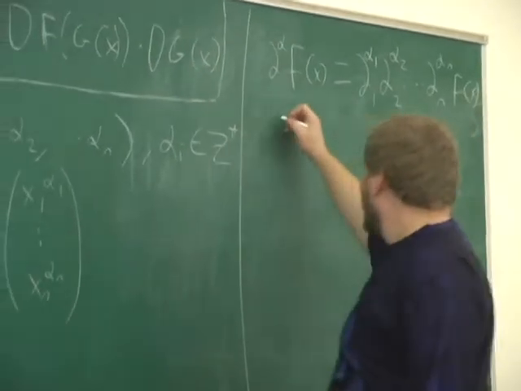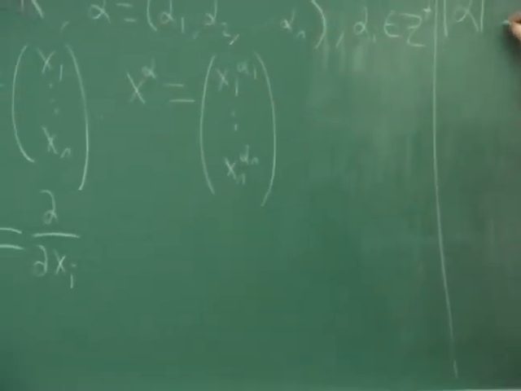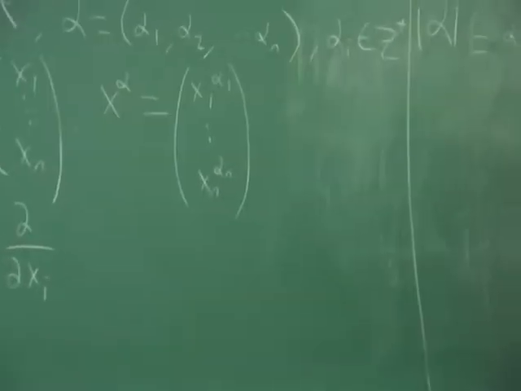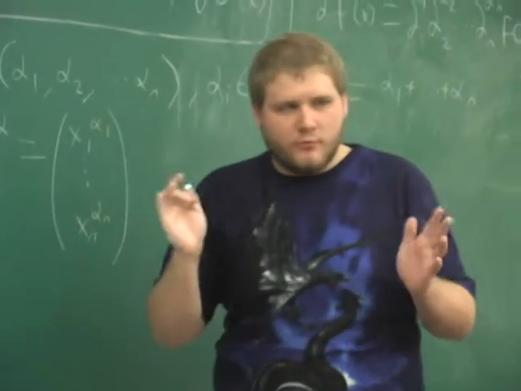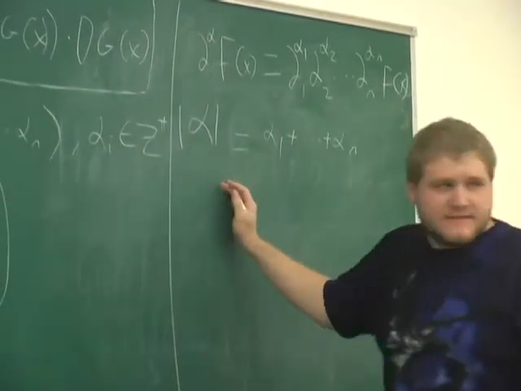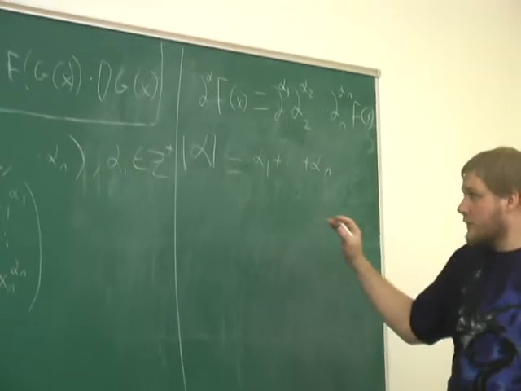We define the order of this alpha to be the sum of each component. Since these are all positive integers, we don't worry about sign or anything like that. So does this make sense? Is this confusing to anyone in terms of this notation?